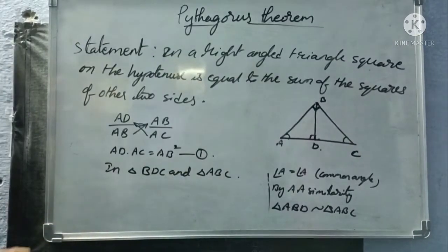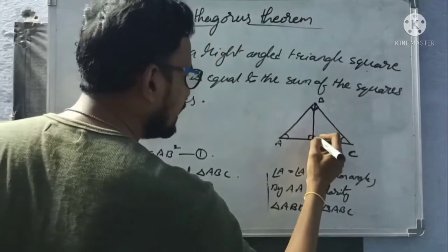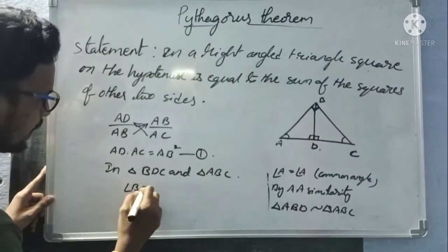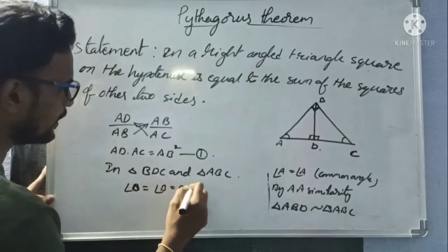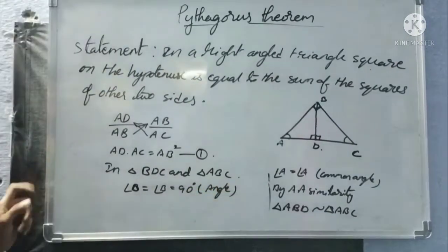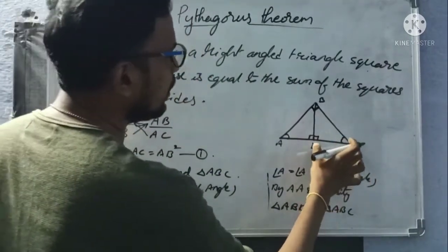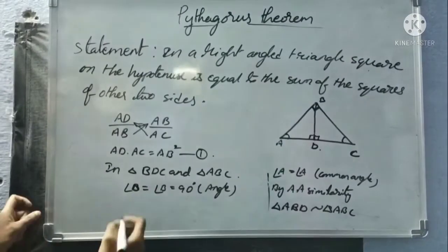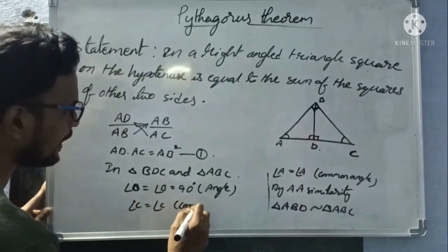Here also the same case, angle D is equal to angle B, which is 90 degrees. Next, one more angle, angle C, we are seeing common here in triangle BDC and triangle ABC, right? So angle C is equal to angle C, which is the common angle.